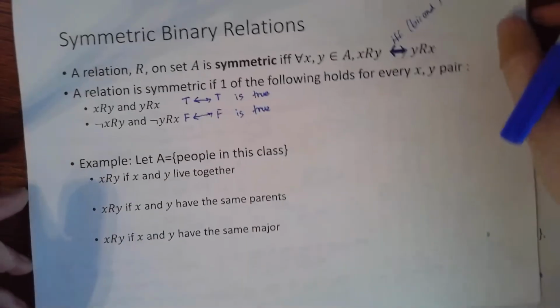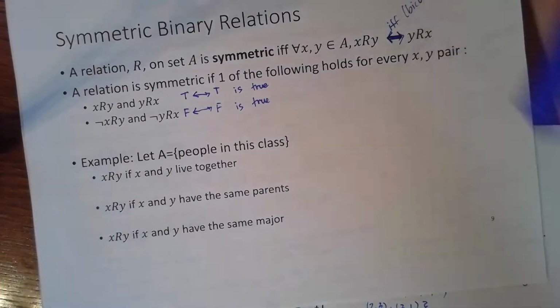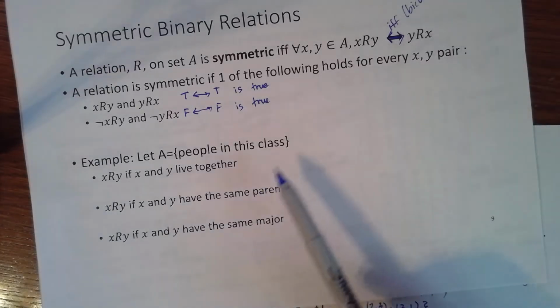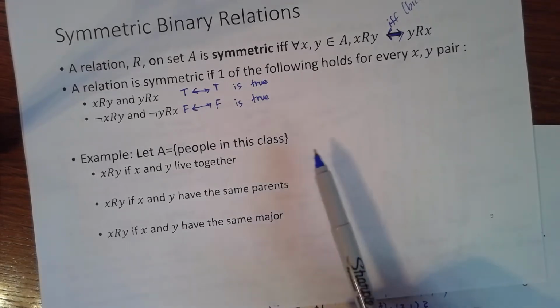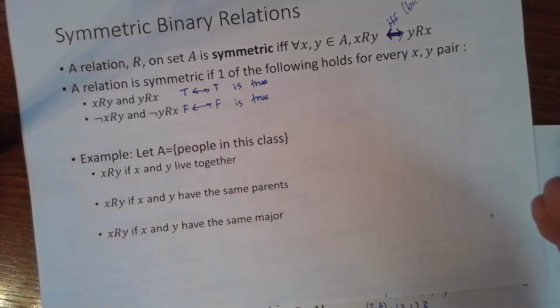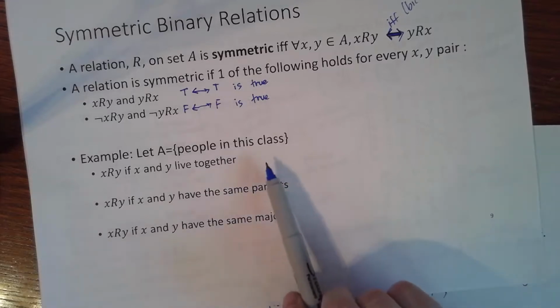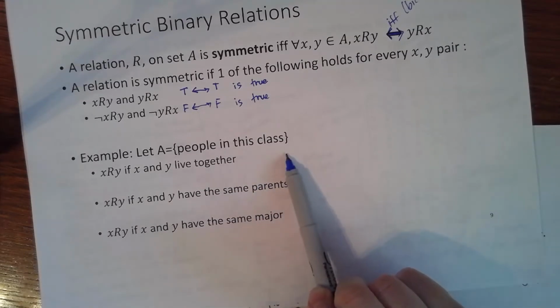All right, so let's look at some examples. Let's say we've got a relation on the set of people in our class, and x is related to y if x and y live together. If we take any two people in the class, suppose that x lives with y, would it also be true that y lives with x? Well, yes. There's no way for one person to live with another person, but that person doesn't live with them.